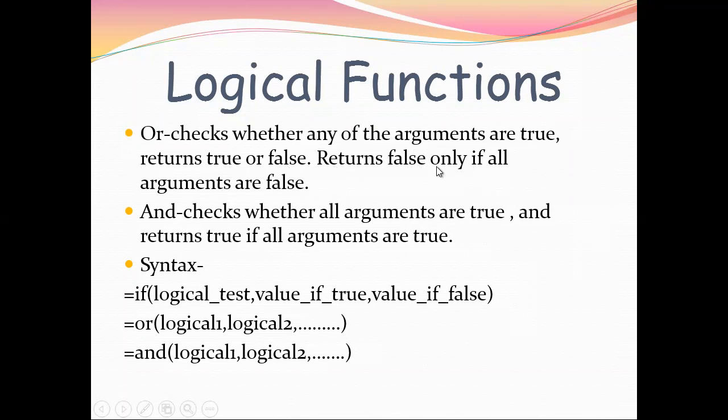If all are false, it will present false. AND checks whether all the arguments are true. If all the arguments are true, it will present true. If one value is false, it will present false. Here in OR, if one value is true, it will present true.